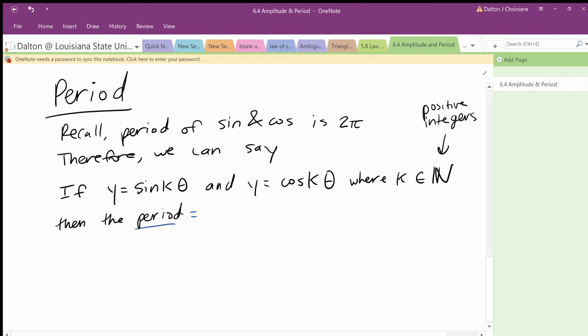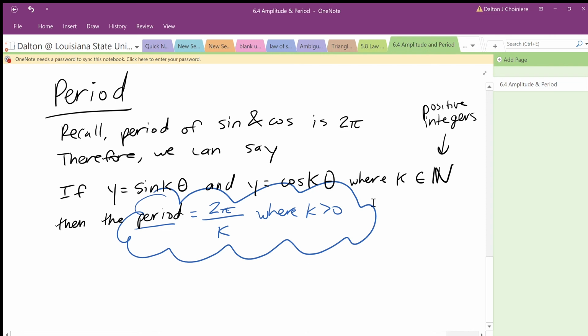Period equals 2 pi over k, where k is greater than 0. 2 pi over k. So this is the second big takeaway from this video. Amplitude was all about the absolute value of a. Period is 2 pi over k, and you just have to solve for what k is, and then that variable k goes in front of theta in the original function.